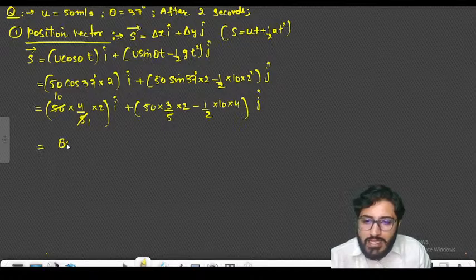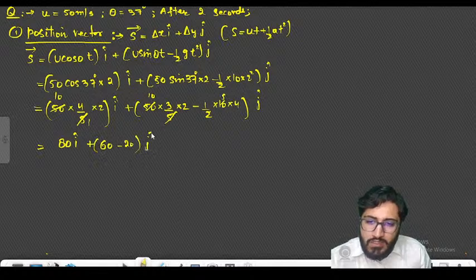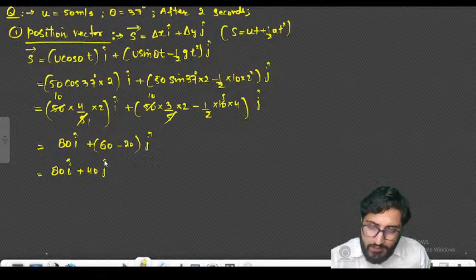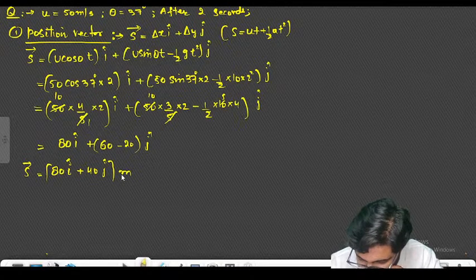It will be 80 i cap plus 5 threes are 15, 60, so 60 minus 20, j cap. So I can write it is 80 i cap plus 40 j cap. This is my position vector in meters.